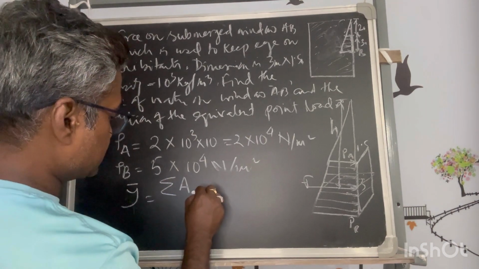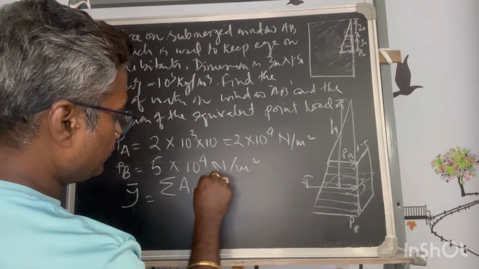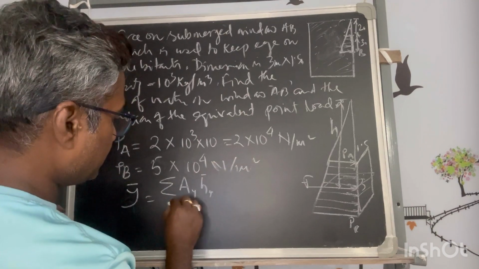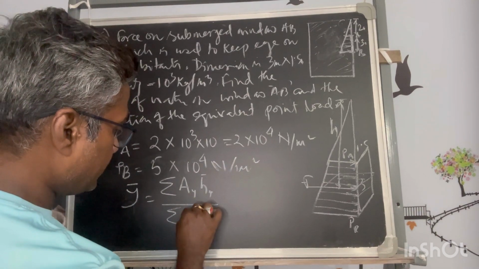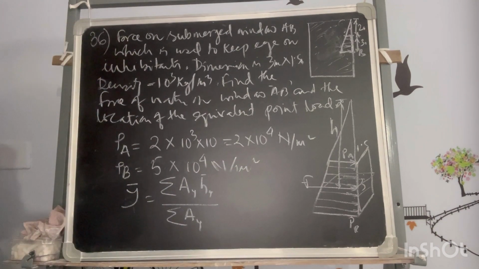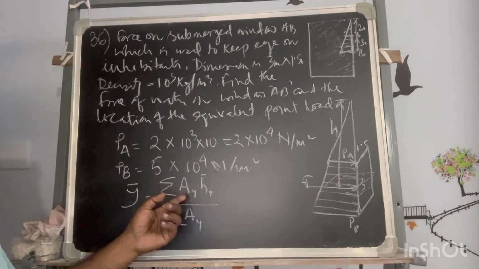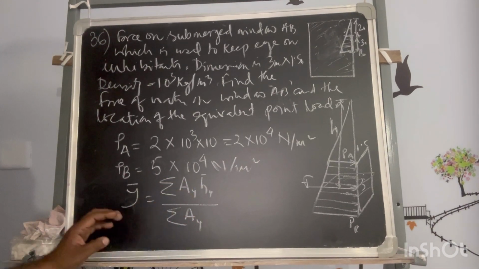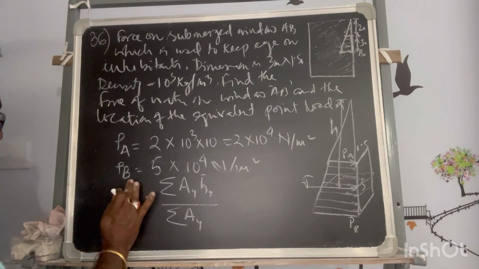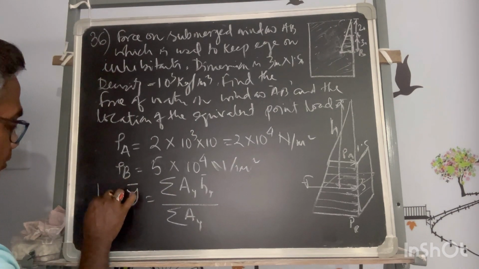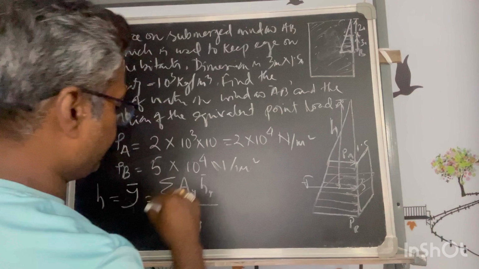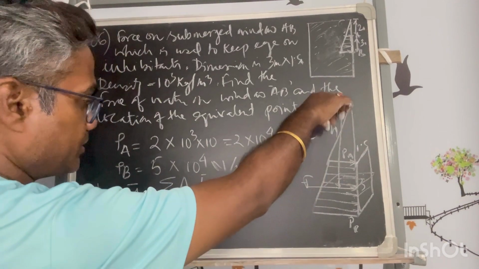So the value of y is calculated on the basis of the sum of area into y, divided by the total area. This is area into height of that figure. So I am taking the sum to get h, and h here is representing y.